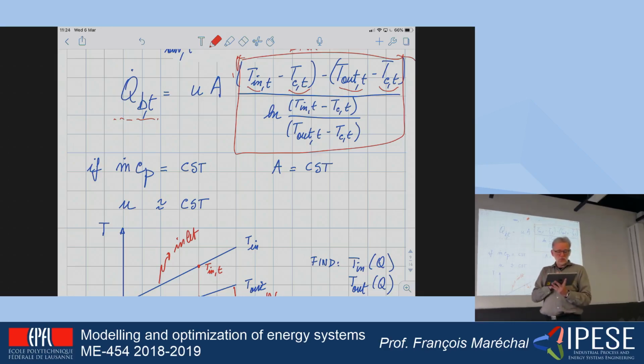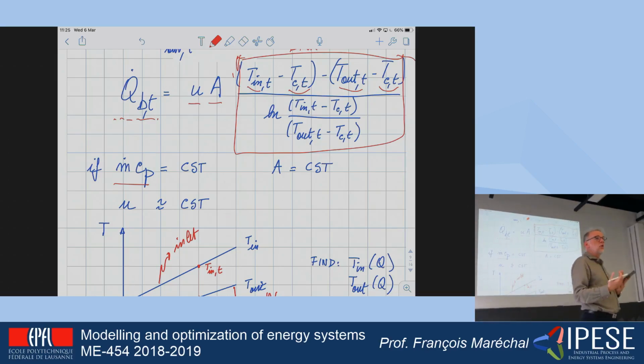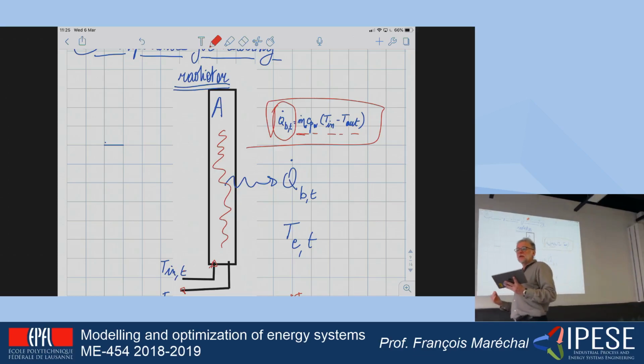If I know the flow in the circulating pump that is sending the water in the system, and if I'm considering that the heat transfer coefficient in the area of the heat exchanger is fixed, and this is a reality, the heat exchanger has a given heat exchange area, then I will have two equations, this one, and this one, in which there are two unknowns, the inlet conditions and the outlet conditions of the water.